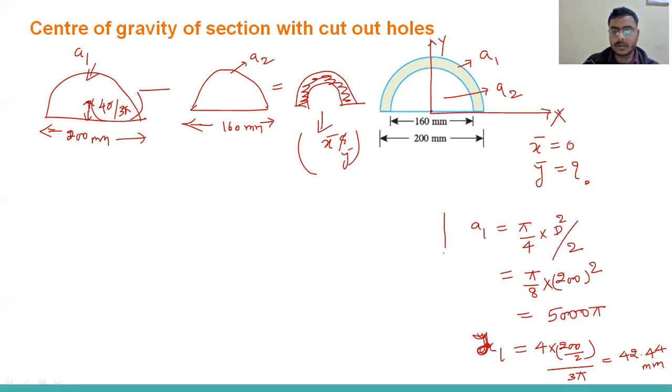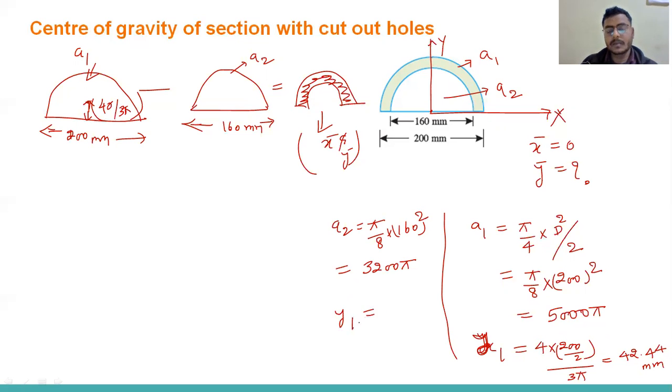Now come to the area of the deducted portion. That is A2, which is the semicircle with a smaller diameter. So we can write pi by 8 into 160 square. I have calculated, so I'm writing directly: 3200 pi. And what will be Y2?